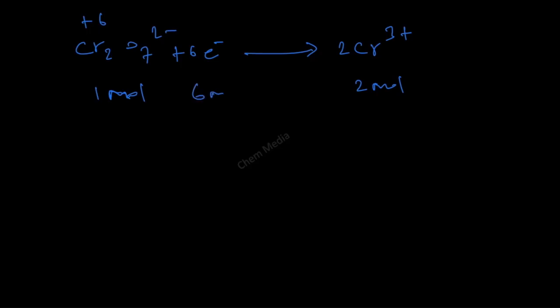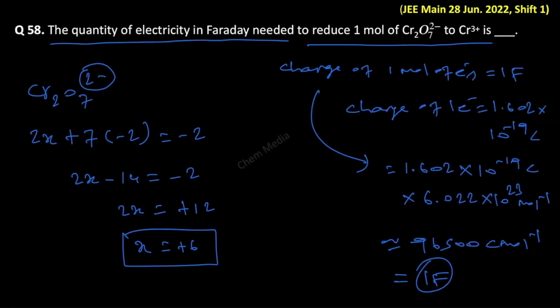If you multiply with 3 moles of electrons, then we cannot get 2 times chromium 3 plus; we would have to write only 1 times chromium 3 plus. So the correct answer is 6 moles of electrons. Therefore 6 is the correct answer here.